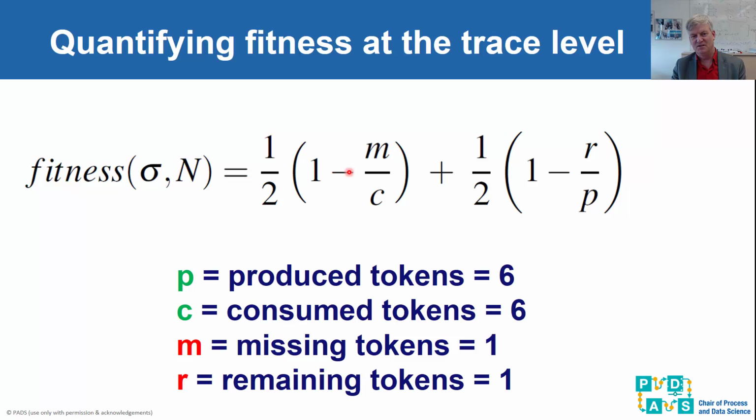Then you have 1 minus 1 plus 1/2 times 1 minus, let's say this factor is also 1, so this becomes 0, this becomes 0, and the overall fitness is also 0. And so these are the two extremes. If we fill out the values from our scenario, we indicate the missing and the consumed tokens, the remaining and the produced tokens, and if we fill out the formula, we have a fitness of 0.833.